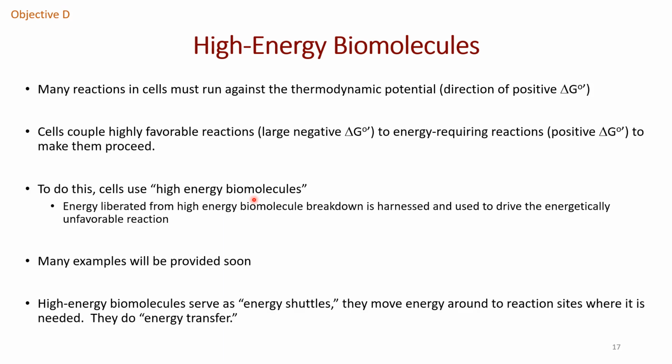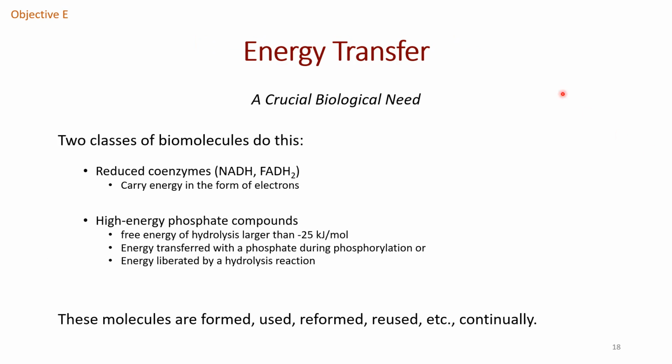And we're going to see lots and lots of examples. We're going to see high energy phosphates, and we're going to see electron carriers like we've seen in NADH and FADH2 so far. So we'll see some examples here. And that brings up the whole idea of energy transfer. You want to be able to move energy from one place in the cell to the other, either to drive a reaction or to allow work or to allow transport or to allow something to happen here.